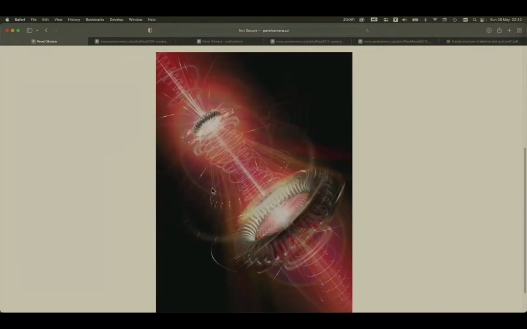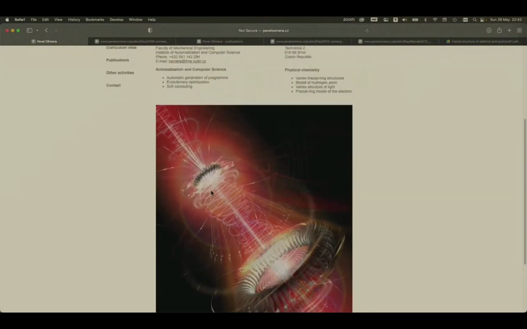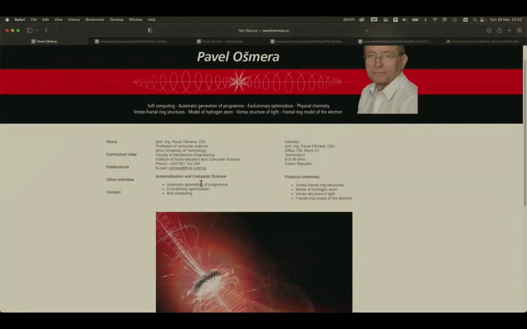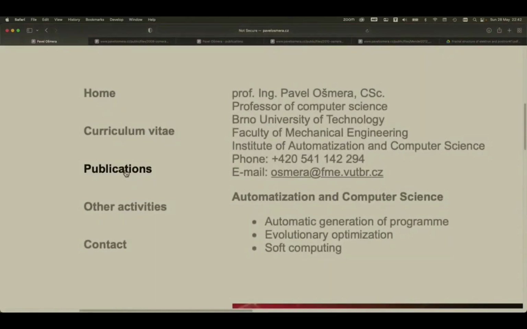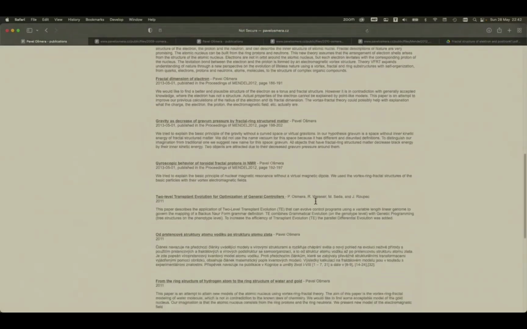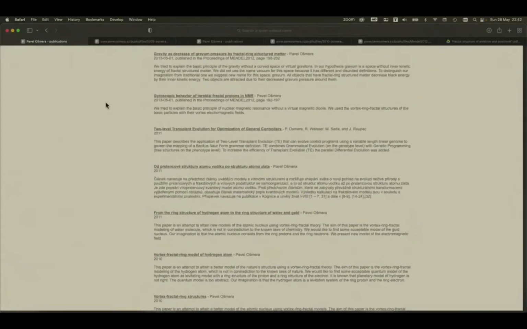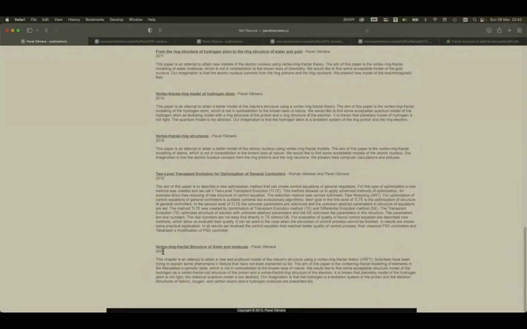And you can see these toroidal interacting structures here and some very nice graphics. I think some of these graphics were done by another Czech person called Pavel Werner, but he has this link here called publications, and if we click on that, you can see a whole series of publications going back to, when is it? This one's 2009.